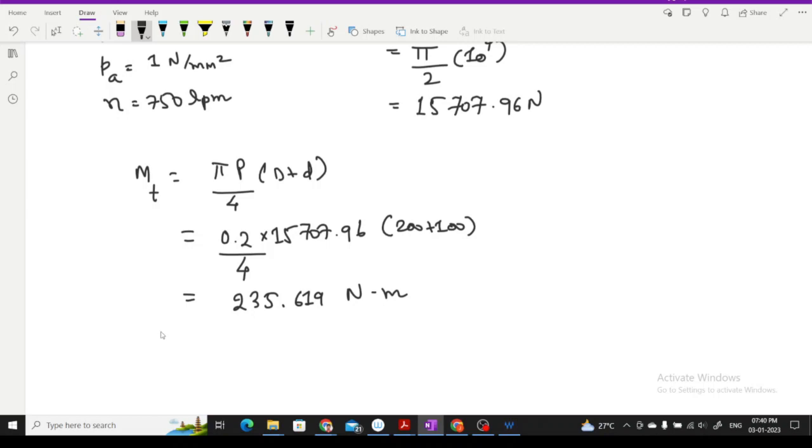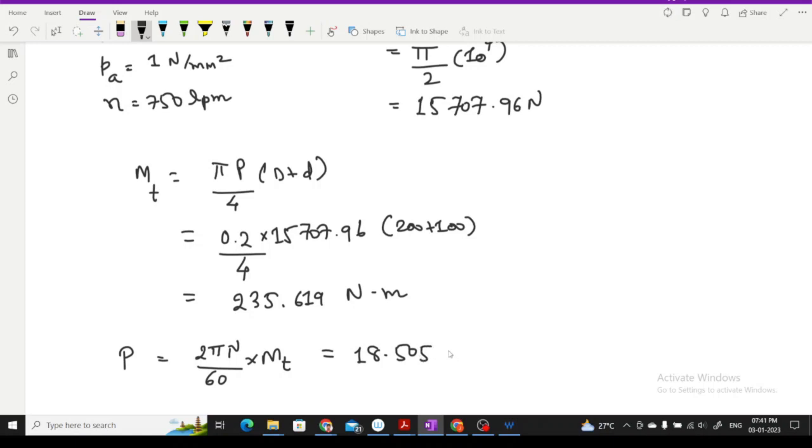Now you need to calculate the power transmitting capacity. So how will you calculate that? Equal to 2 pi NT by 60. This torque is this only, right? 18.505.